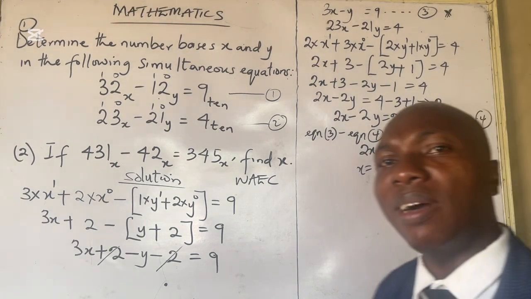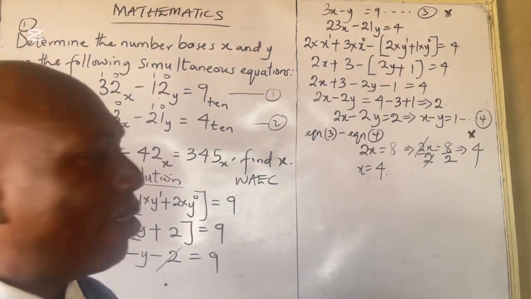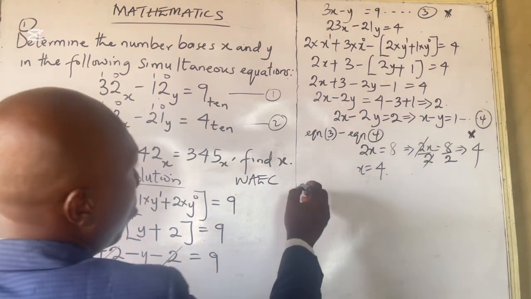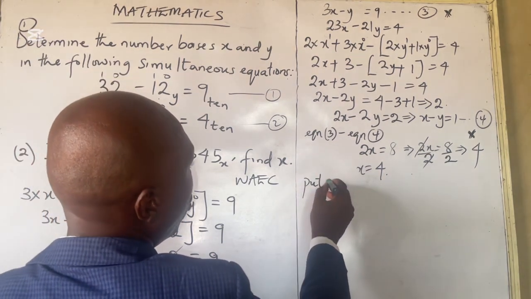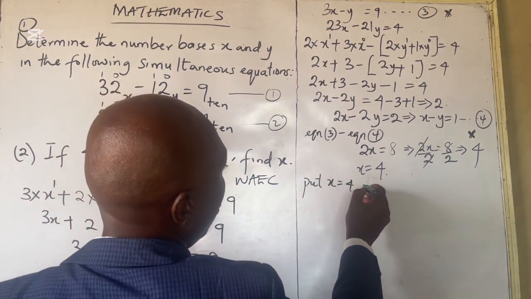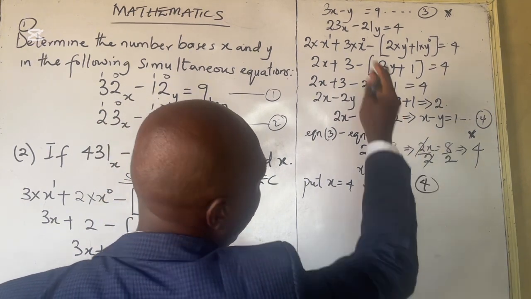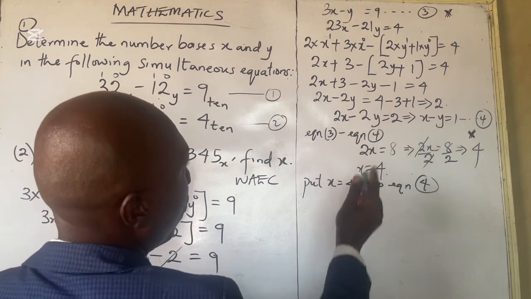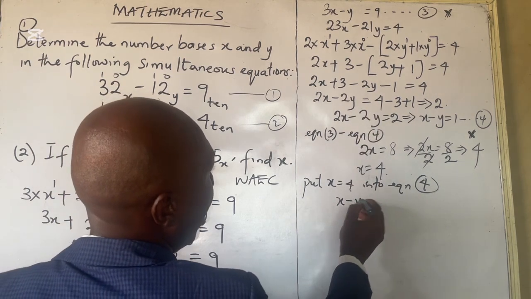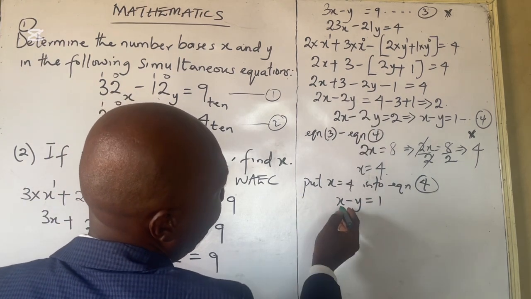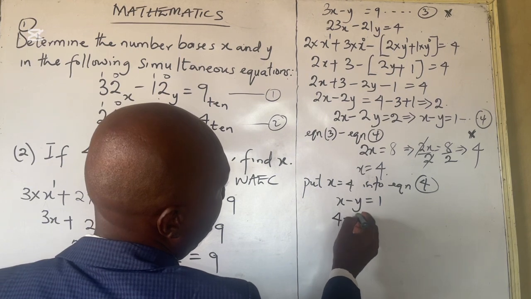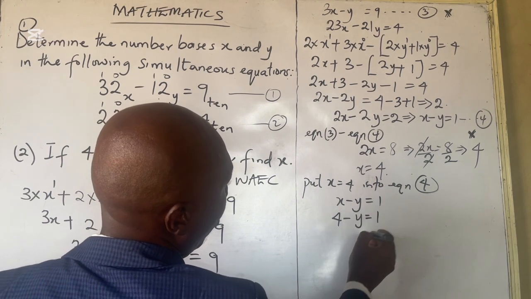So we want to get the value of our y. To get the value of y, we substitute x equals 4 into equation 4, or any of the equations. Our equation 4 is x minus y equals 1. So our x is 4, our y is unknown, equals 1.